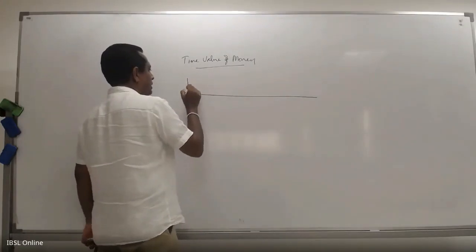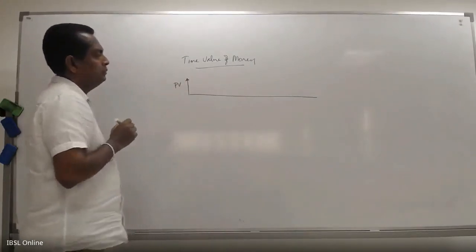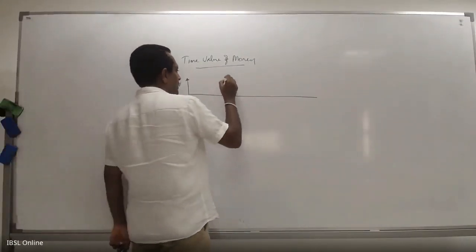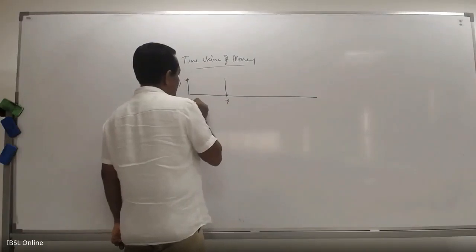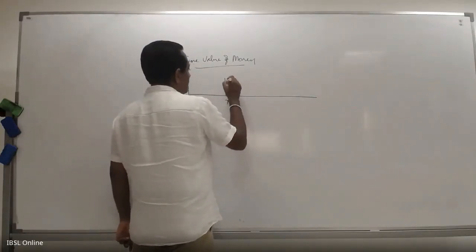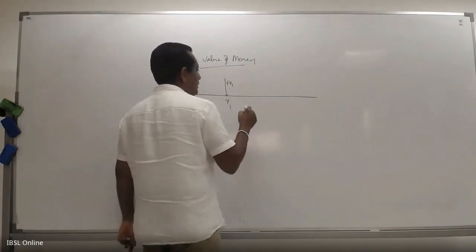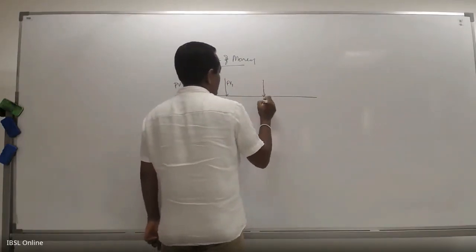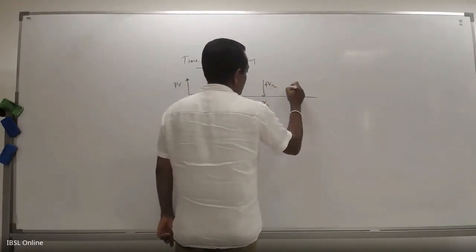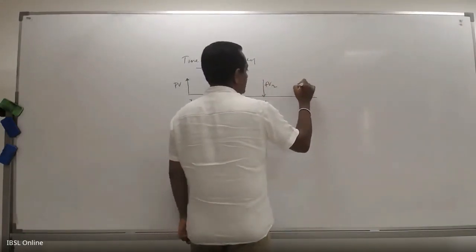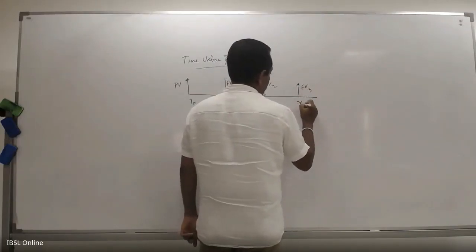You have an initial investment, present value. Year 1, Y0, Y1, you will get future value 1. You reinvest it, you will get future value 2. You reinvest that, you will get future value 3.